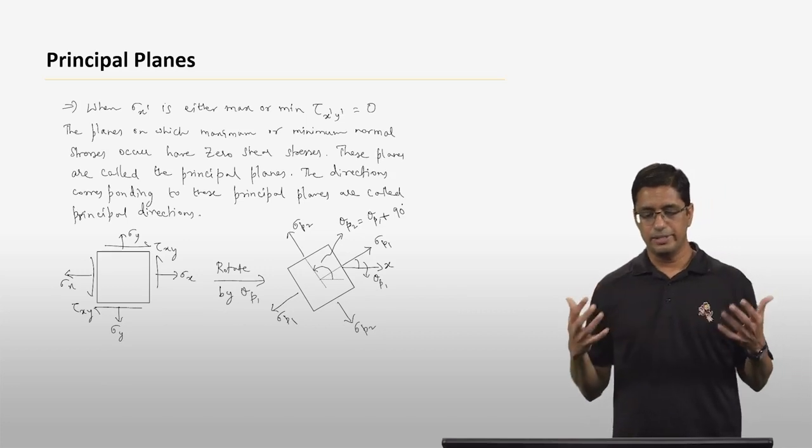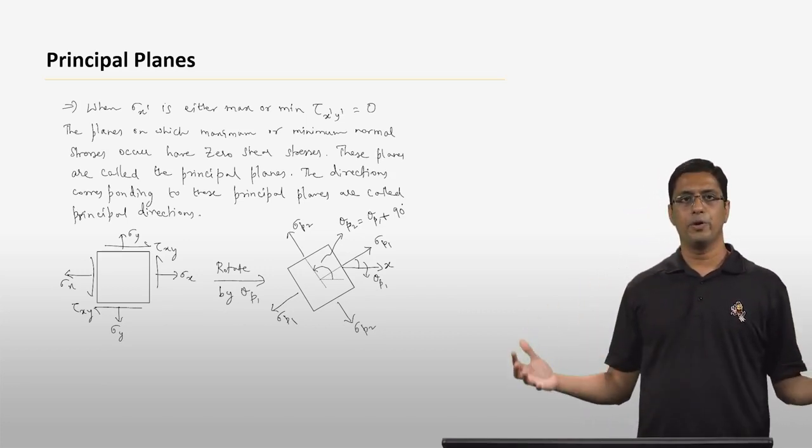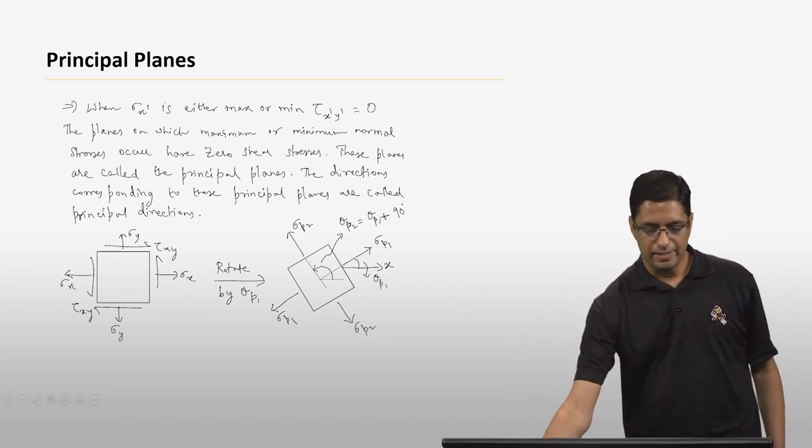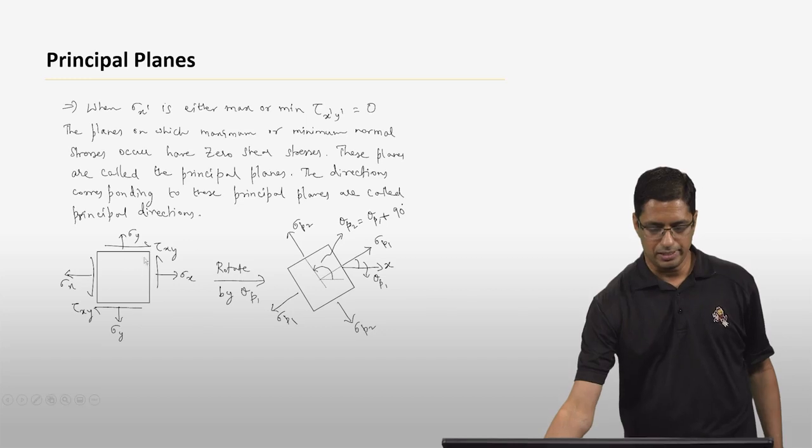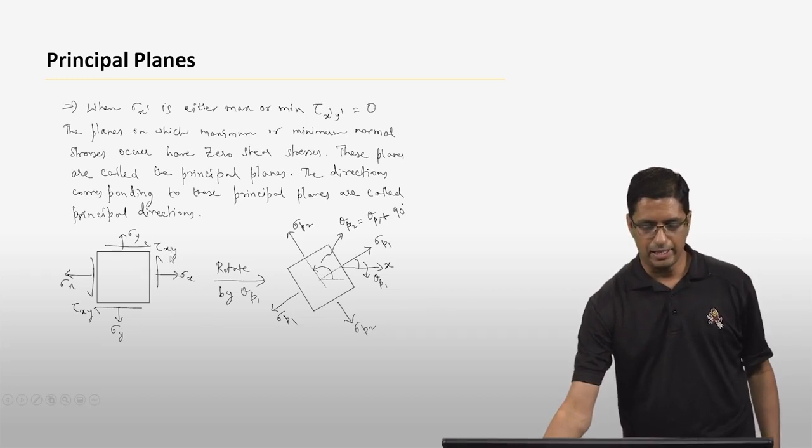Just to give you an overview of what is happening here, we started with this stress state in the xy coordinate system. You essentially have sigma x, sigma y, and tau xy.